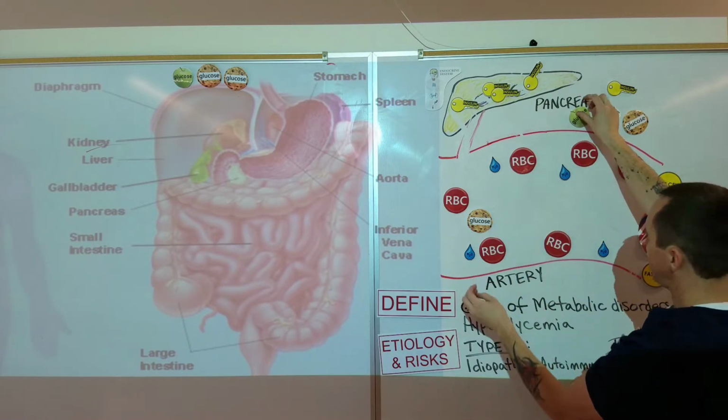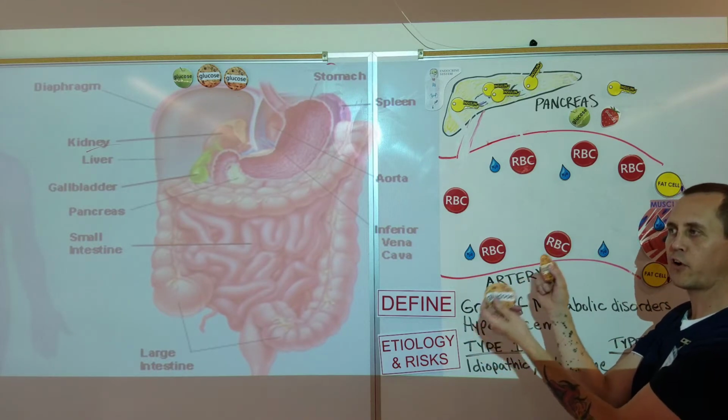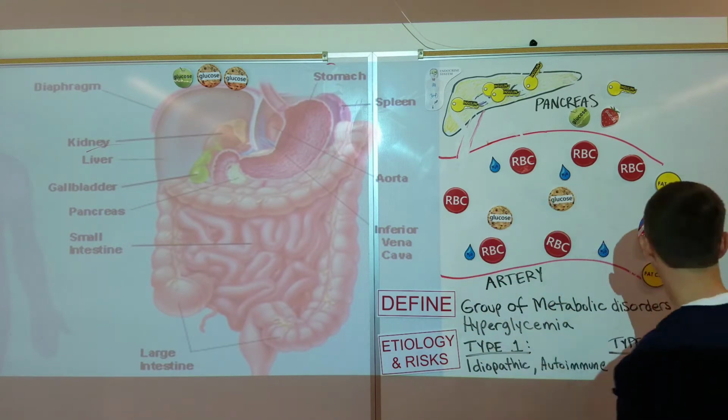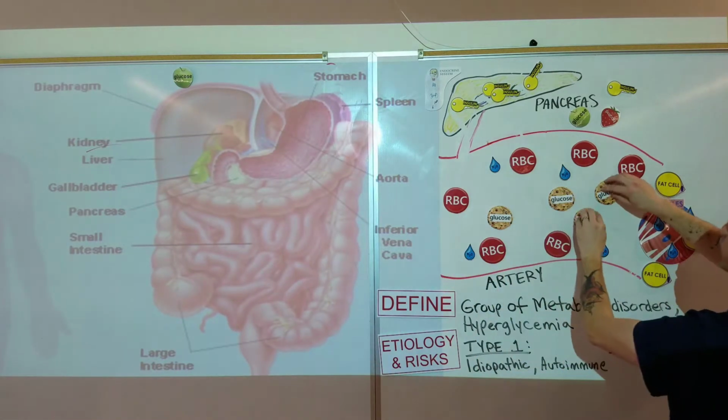If we choose very high calorie, very low nutrient-dense foods, they tend to build up in our bloodstream excessively, and they're a lot harder to get into our cells.